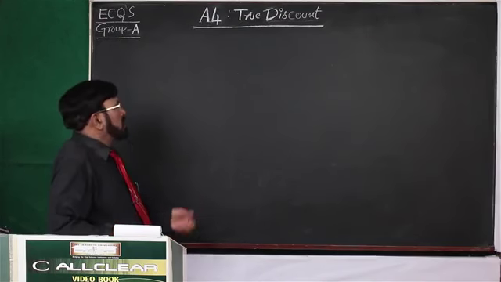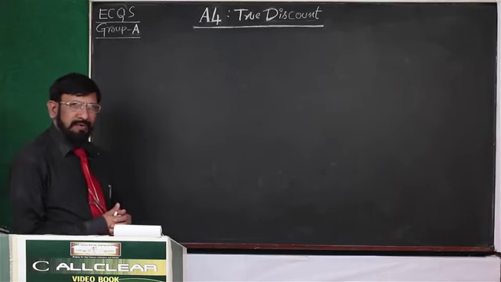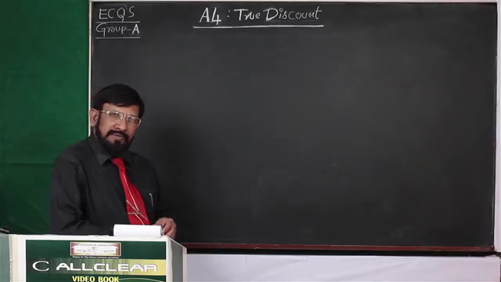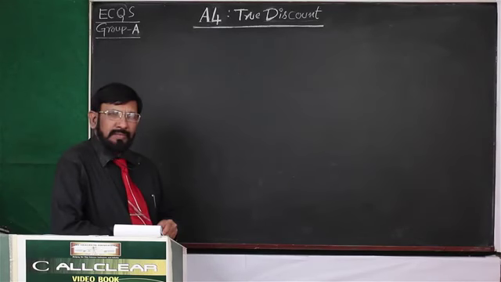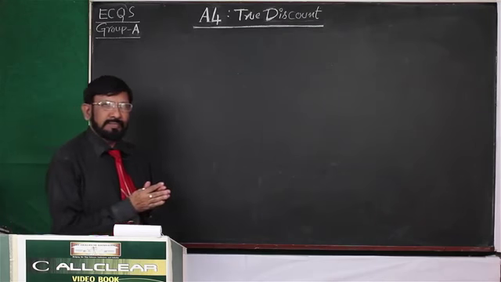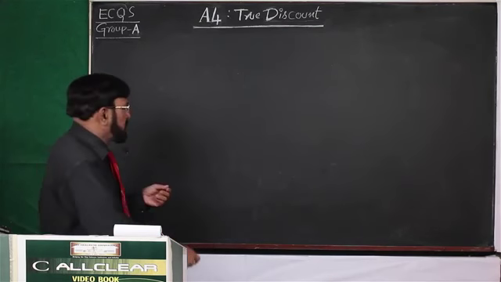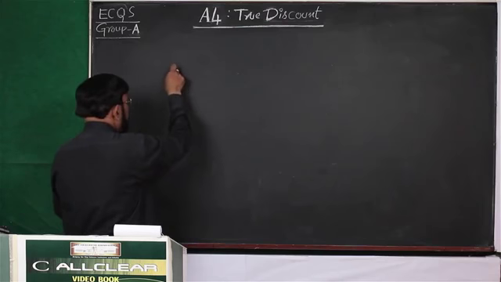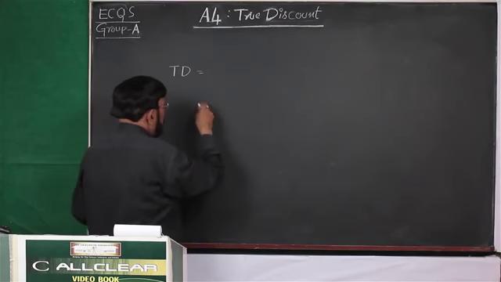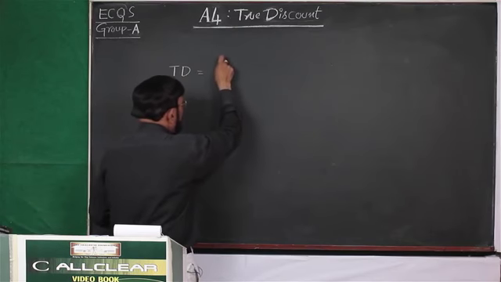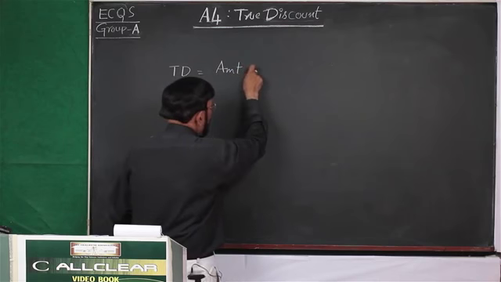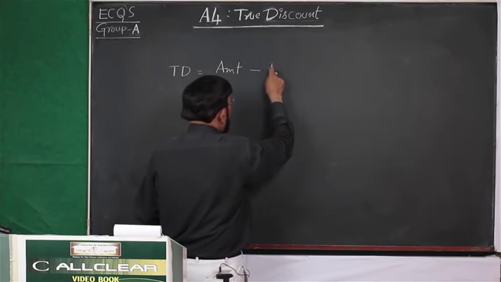Now I explain what is the true discount. True discount and present value or present worth are two interrelated concepts. Both concepts at a time we have to understand. Formula wise, TD, true discount, is equal to amount minus present value.